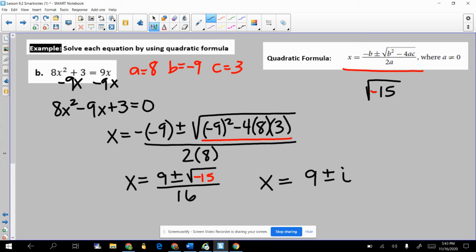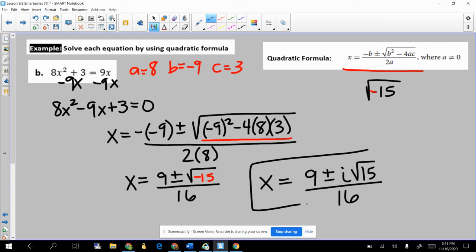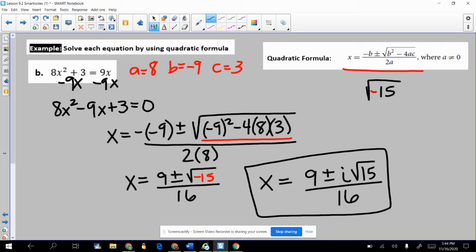So we would just write this as i root 15 instead of the square root of negative 15. And then all over 16. And this one actually is not going to simplify anymore. So we are going to leave this as our answer. x equals 9 plus or minus i times the square root of 15 all over 16. And again, we know there are two solutions there because of the plus or minus.